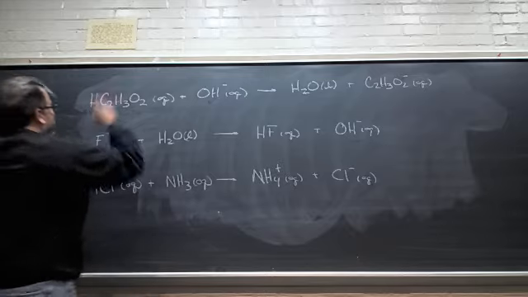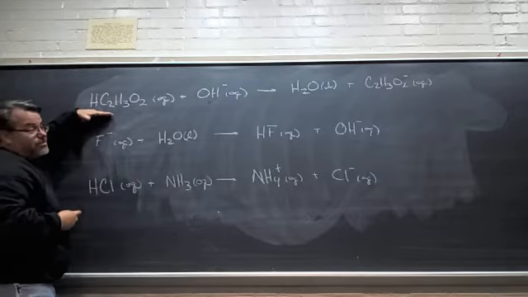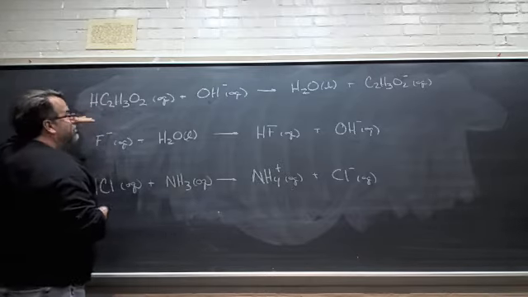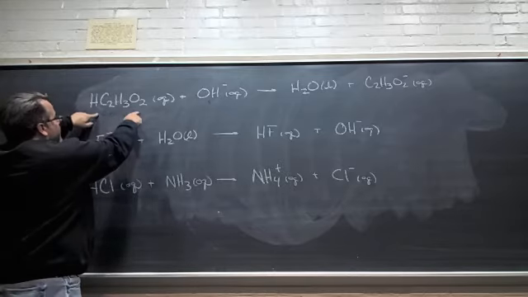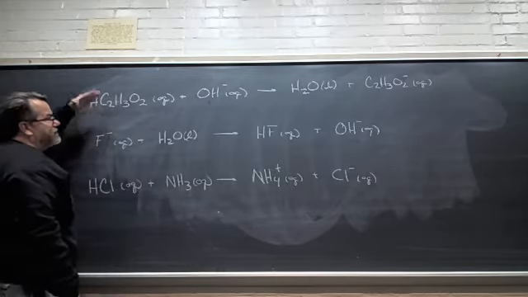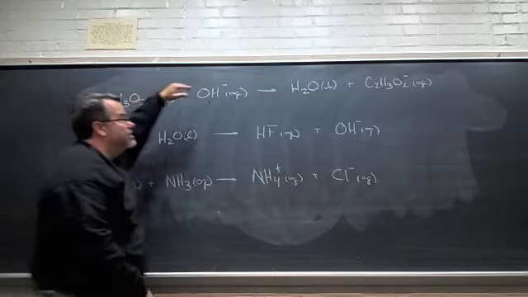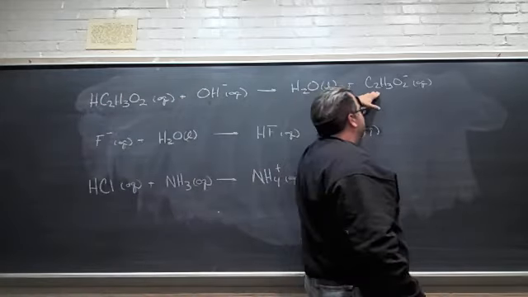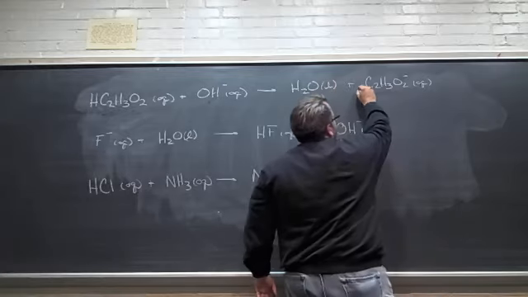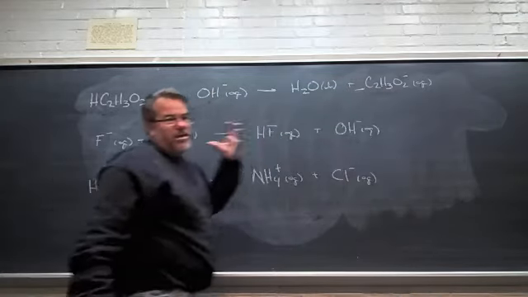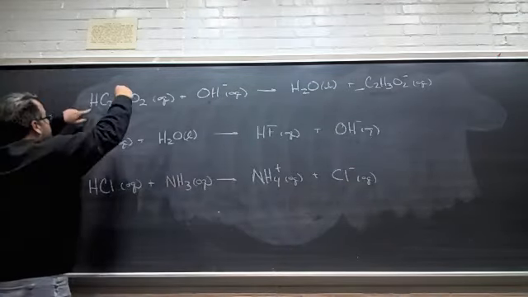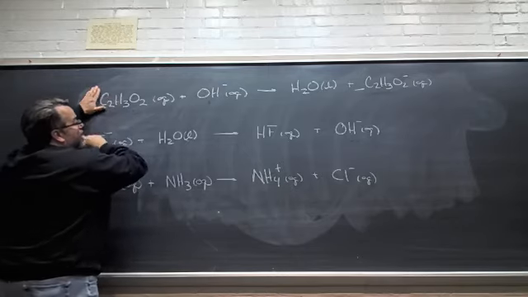All right. In this first one, I said this was acetic acid, which obviously is kind of a clue, right? If you look at the formulas, this is HC2H3O2, and over here, it's C2H3O2. So clearly, it's lost that hydrogen, right? So this hydrogen is being removed, and where does it go?